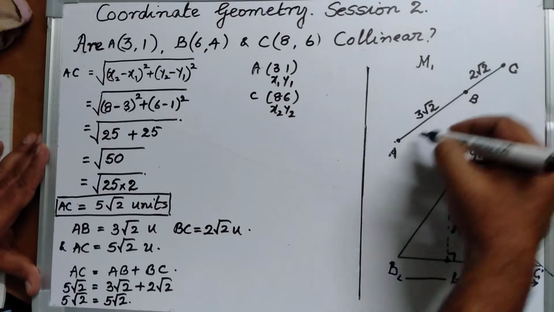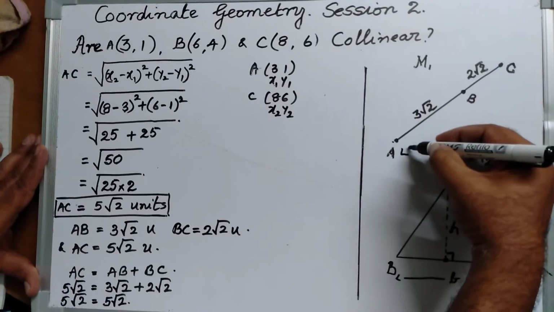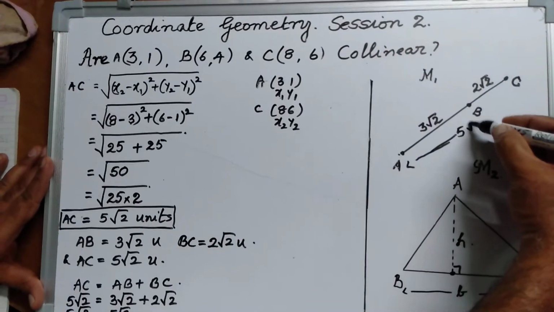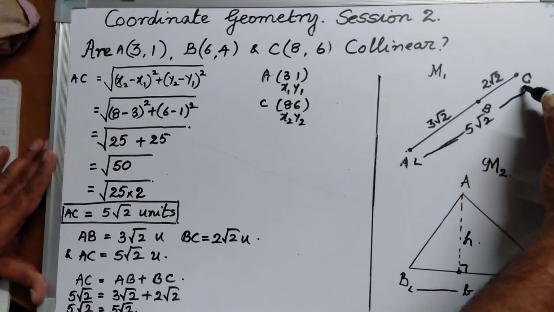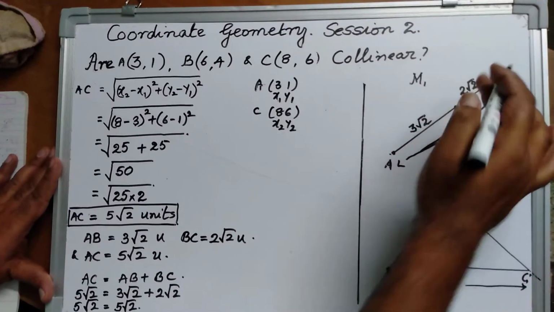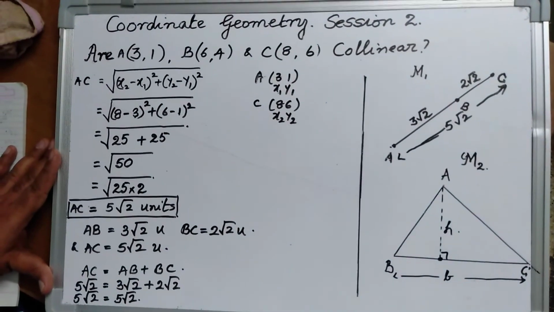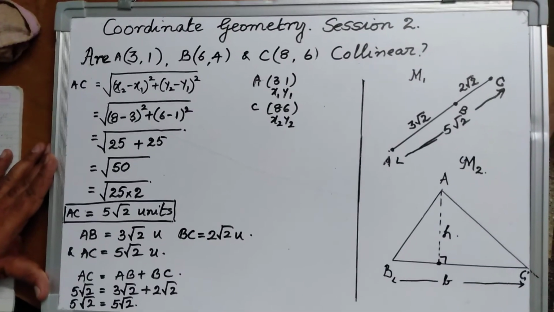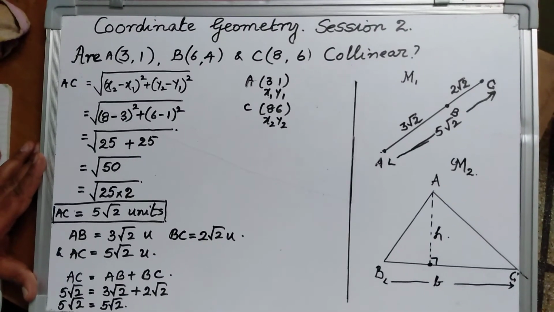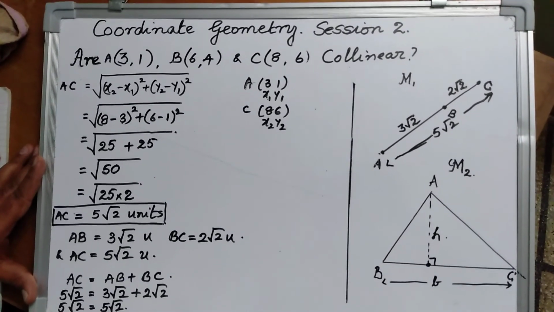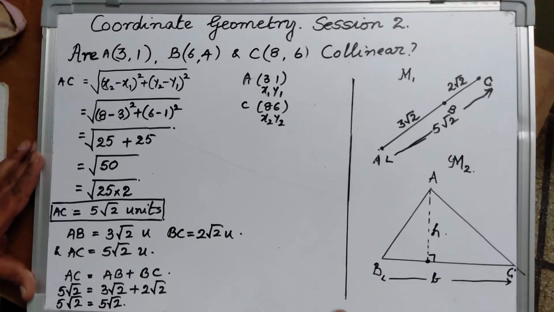The distance from A till C is 5 root 2 units. Therefore, the 3 points A, B and C lie in a same straight line, and therefore A, B and C are collinear. This is solved by using the distance formula.